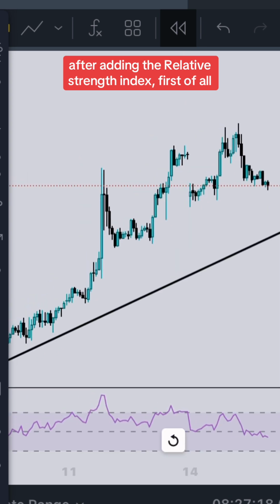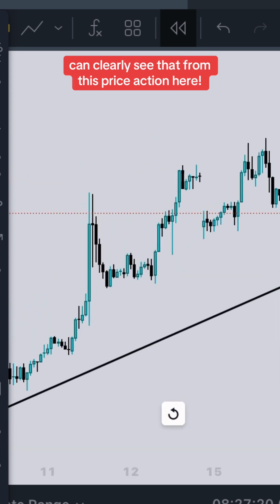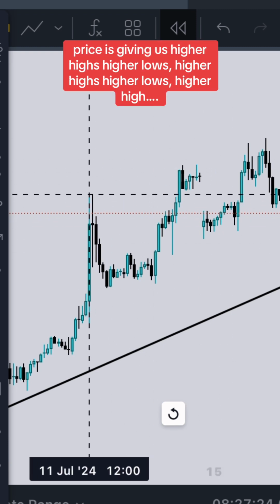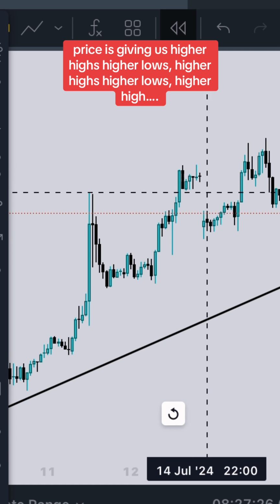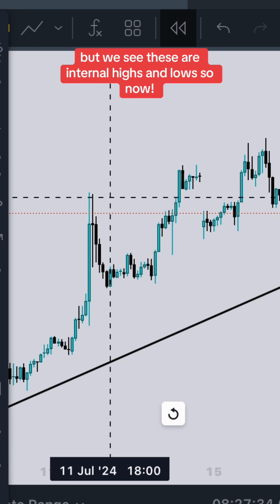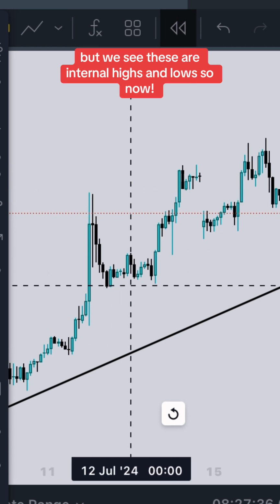From this price action, price is giving us higher highs, higher lows, higher highs, higher lows. But this is like internal highs and lows, right? Compared to the overall outlook of the uptrend. We say these are internal highs and lows.